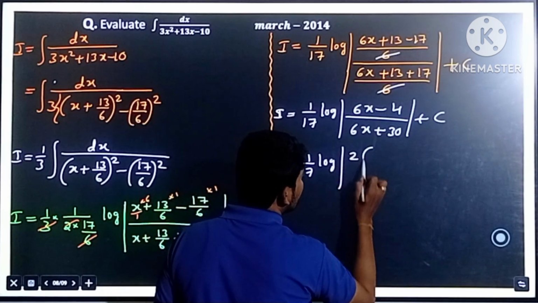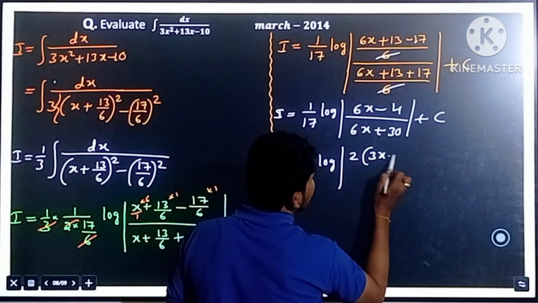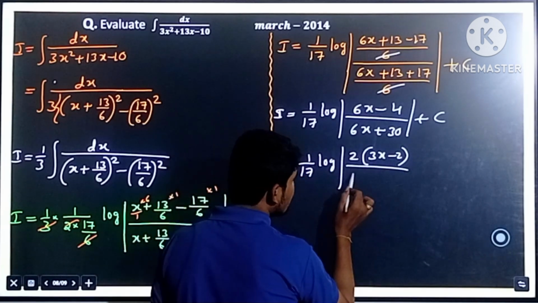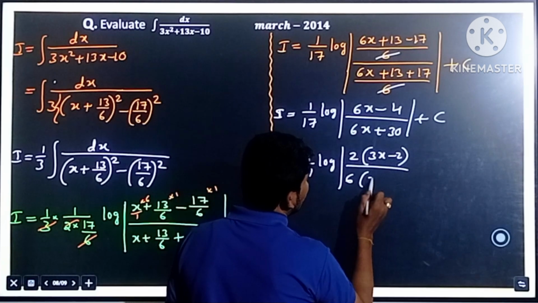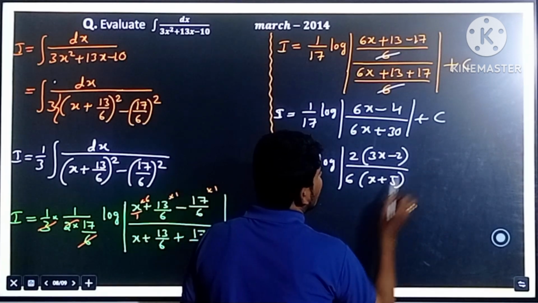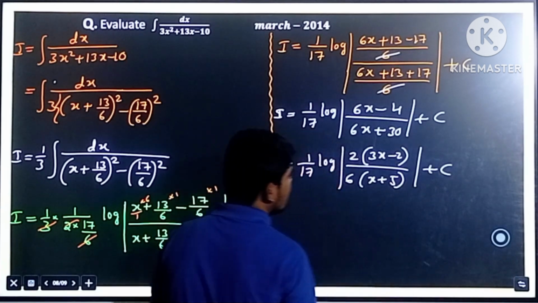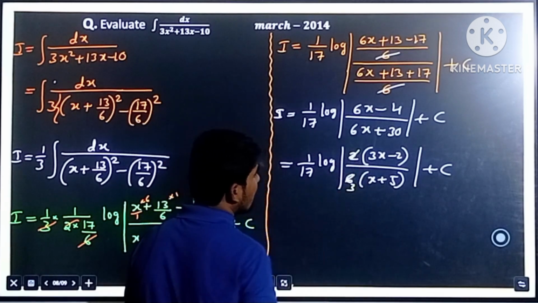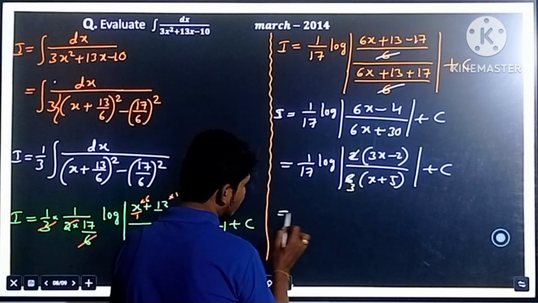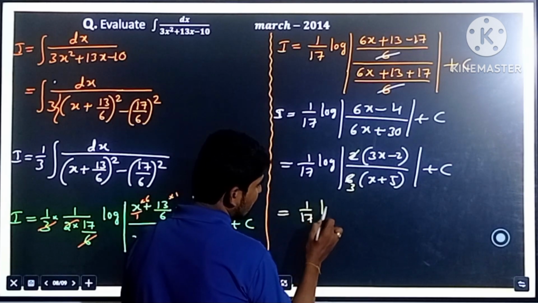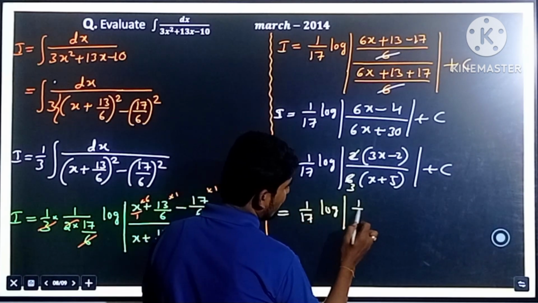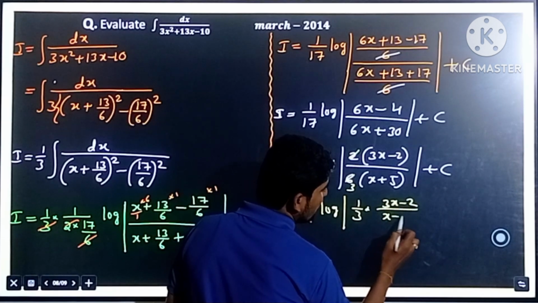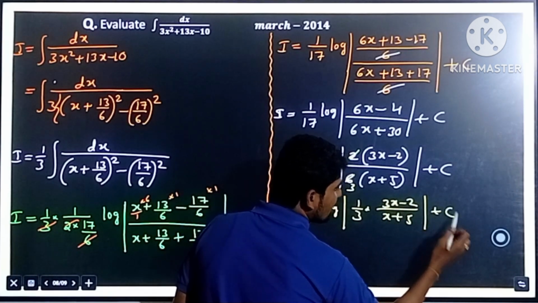If I take 2 as common, remaining 3x minus 2 divided by, in denominator I can take 6 as a common, remaining x plus 5, plus integral constant c. Again see here, I can cancel 2 ones, 2 threes. And one more thing, observe here, this can be written as 1 divided by 17 into log of 1 by 3 into 3x minus 2 divided by x plus 5 plus c.